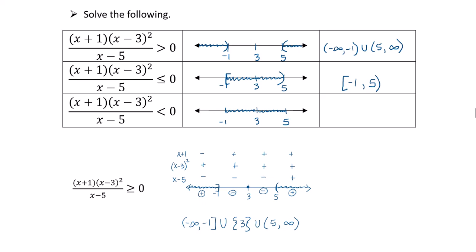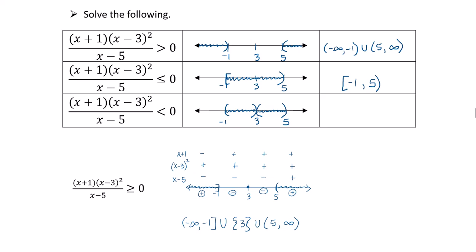So we're not going to include negative 1 because that would make it equal to 0. We're not going to include 3 because that would make it equal to 0. And we're not going to include 5 because it makes the expression undefined.